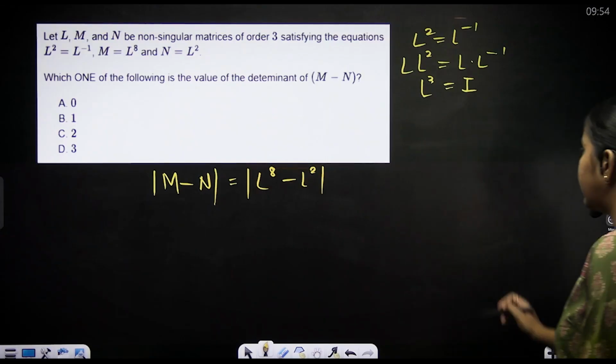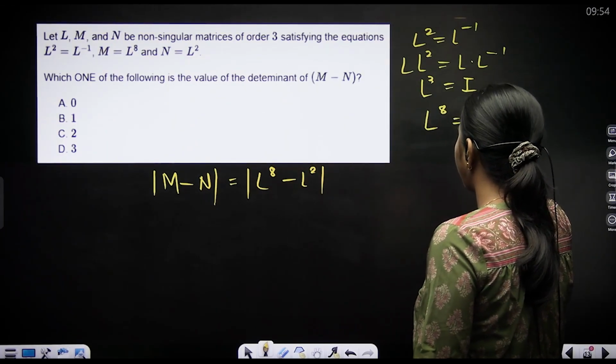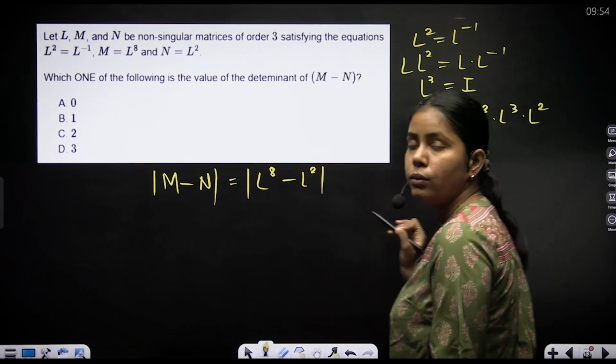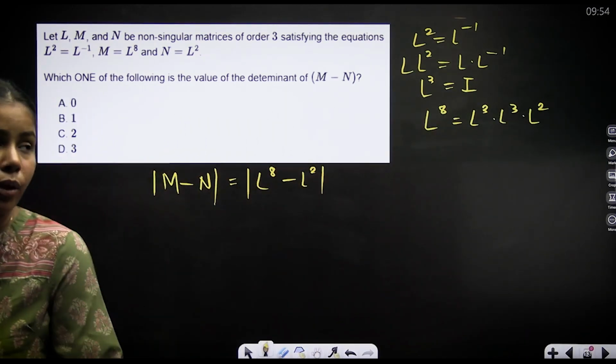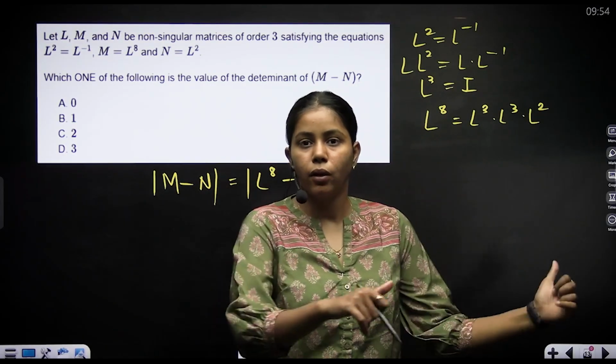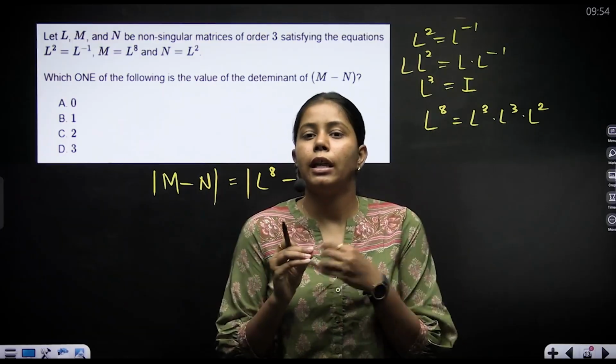Now if I solve this L to the power 8, can I write L to the power 8 as L to the power 3, L to the power 3 into L square? Why am I doing that? Because L to the power 3, L to the power 3 would become identity. Right? I got that. So I'm just simplifying it into a simpler format so that I'll be able to use it.